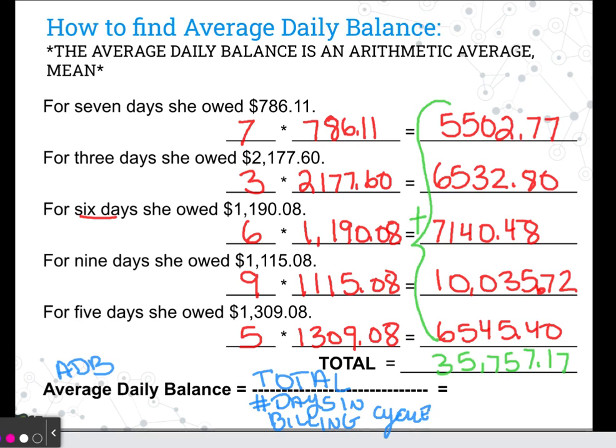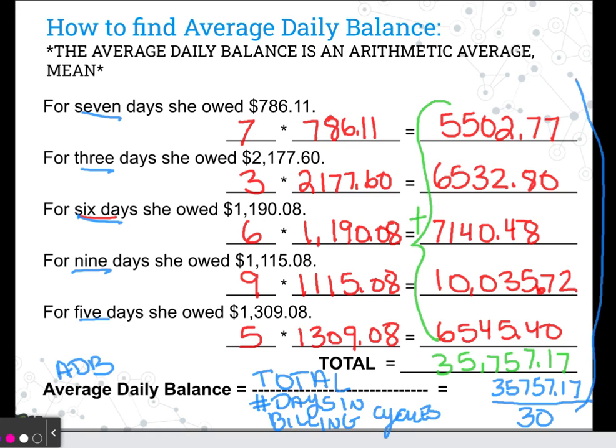So on this problem, we're going to take the total that was $35,757.17, and we're going to divide it by the number of days in the billing cycle, which was 30. And so again, that was 7 plus 3 plus 6 plus 9 plus 5. That gave us that.